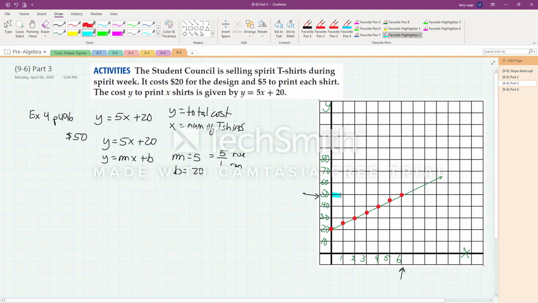So for $50 we go along the $50 line until we get to there, and then from there we go down, and there we have it. For $50 we can print 6 shirts.